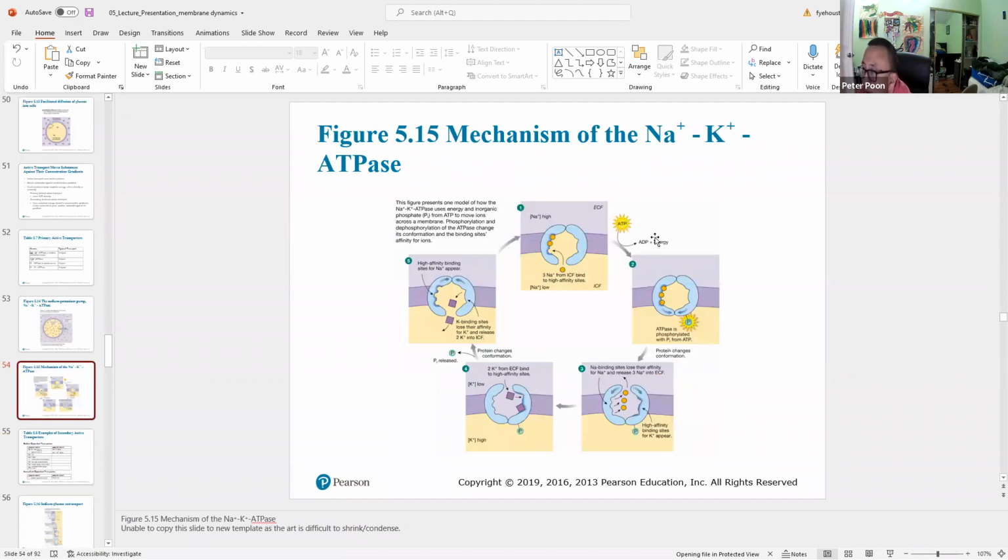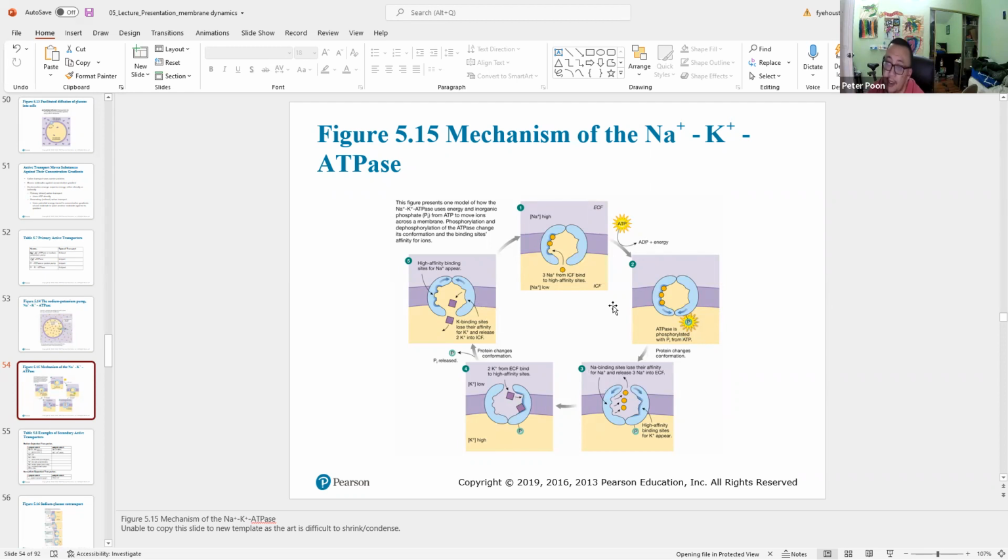So this is the mechanism. I'm going to start from up top. I take three sodiums from inside the cell. I flip it and I release them, and I pick up two potassiums and I bring them back into the cell. And since I'm going against the concentration gradient, I have to burn the ATP right here to do it.